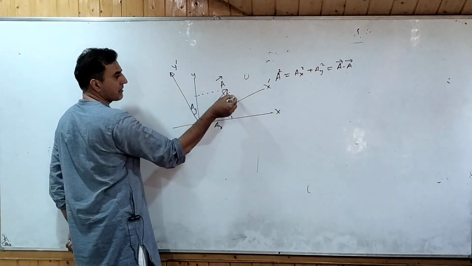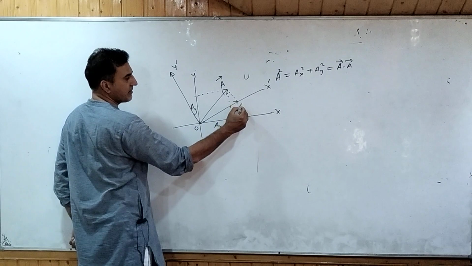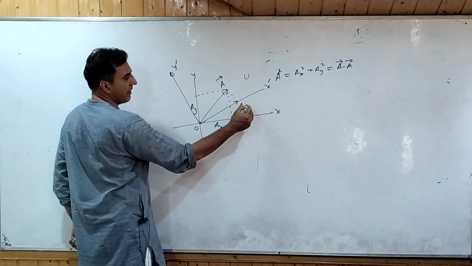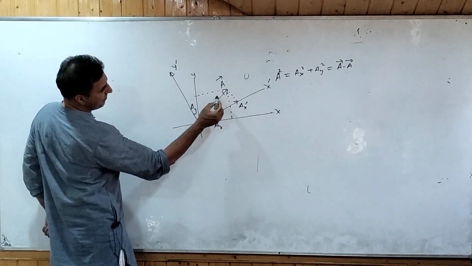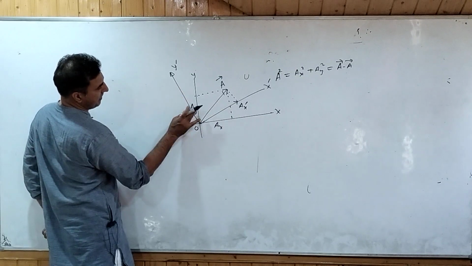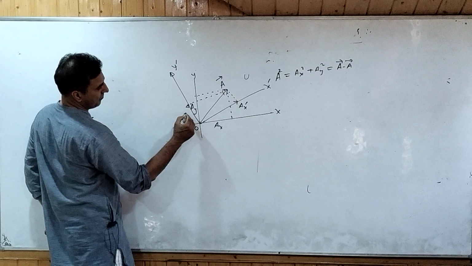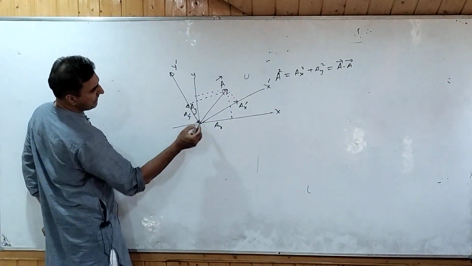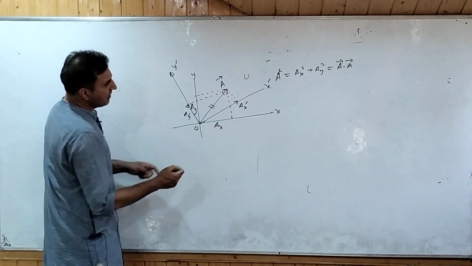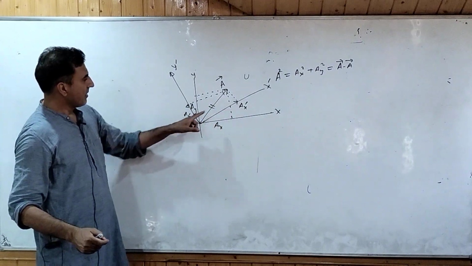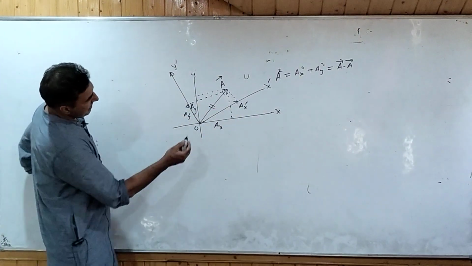Draw a perpendicular on the x prime. So from here to here it is ax prime. And now I will draw a perpendicular on this y prime. From here to here it is ay prime. It's the same vector here.